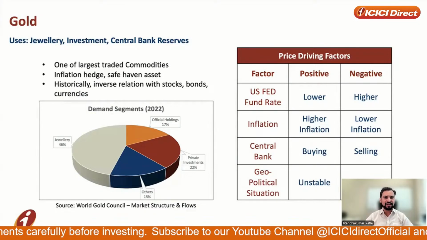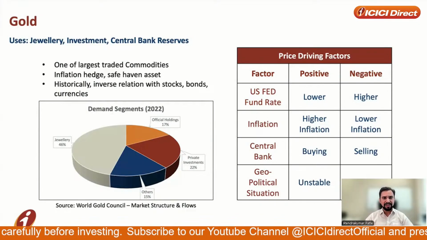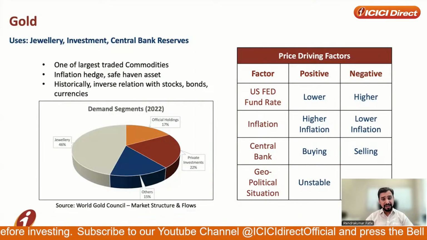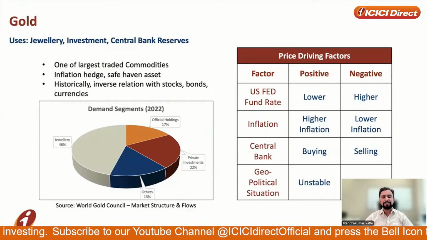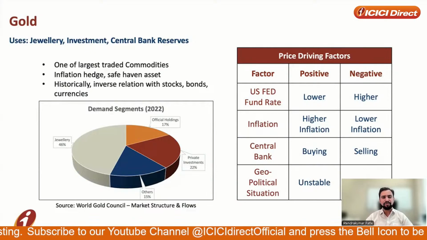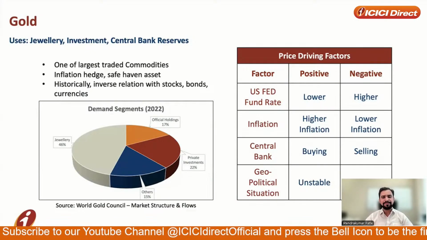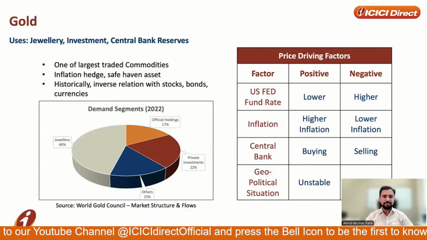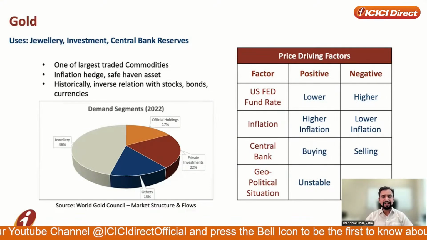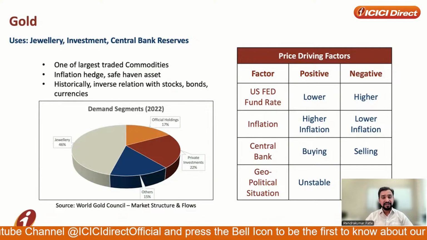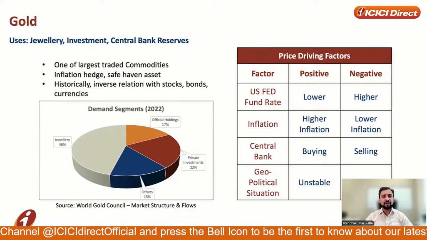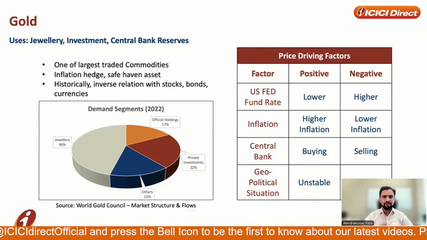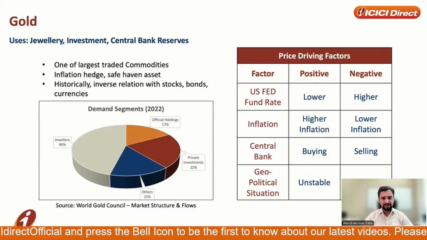Apart from that, gold is also considered an investment, for people taking a position through ETF, SGB or various other digital gold instruments. Apart from that, we have seen recently that central banks are increasing their reserves or strategic reserves of gold. So these are the uses of gold.